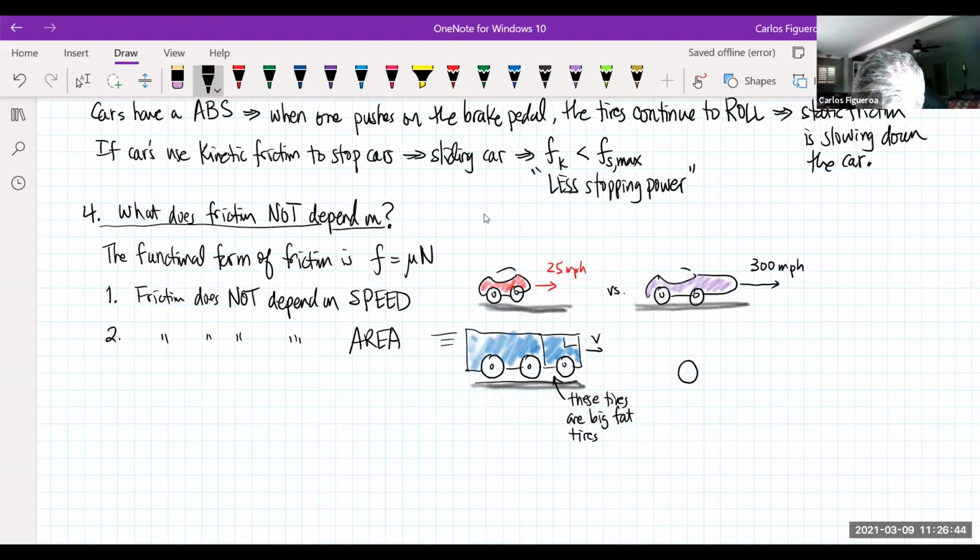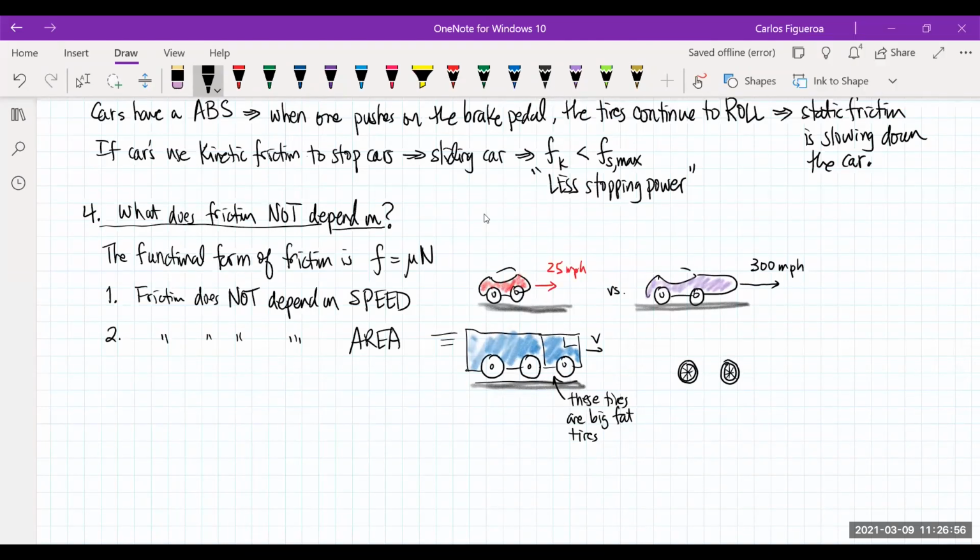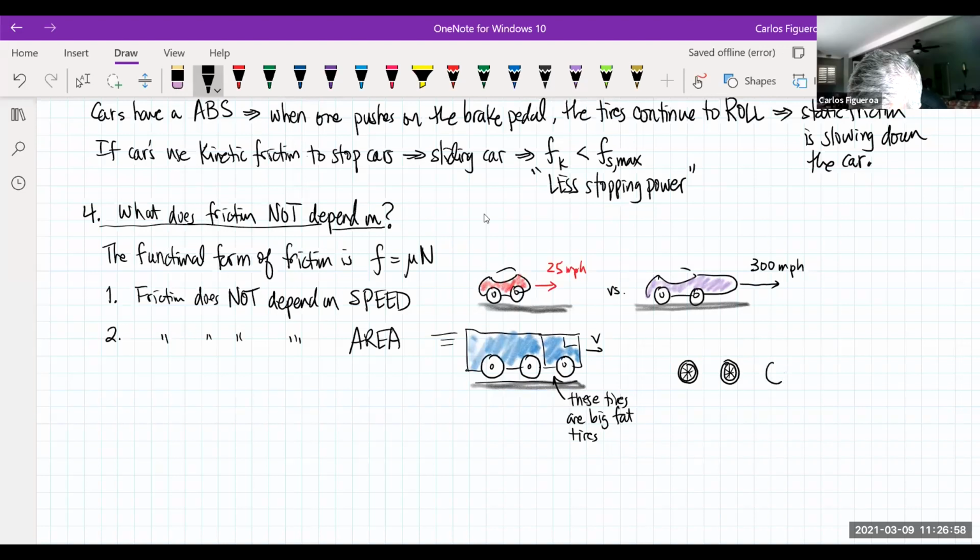Now imagine the opposite situation. Imagine that we had strong enough tires, but they were really more like bicycle tires, super thin bicycle tires, but I have the same truck. So you've got to ask yourself, do the tires matter in trying to brake the car?